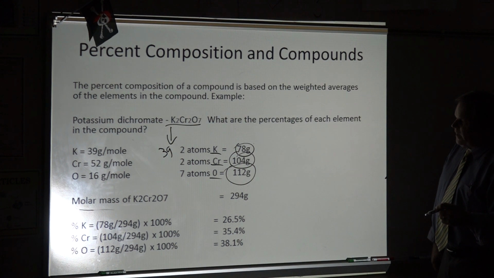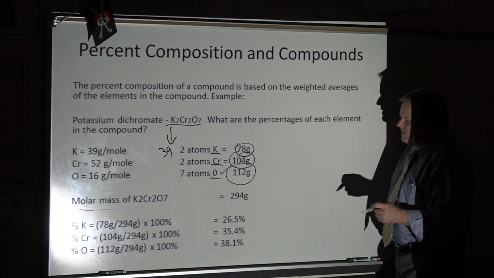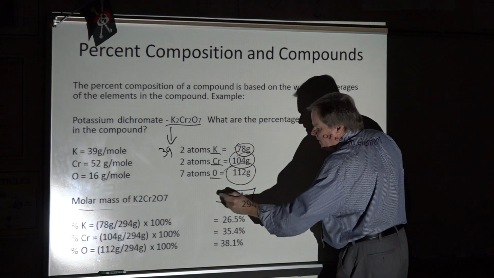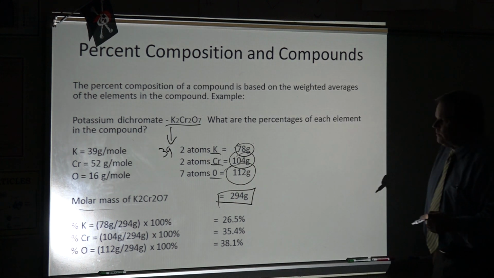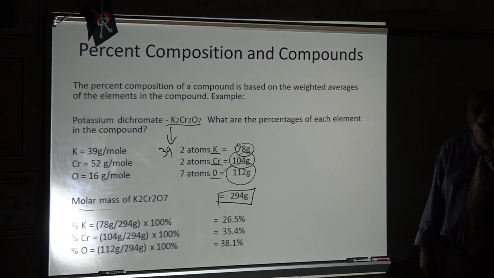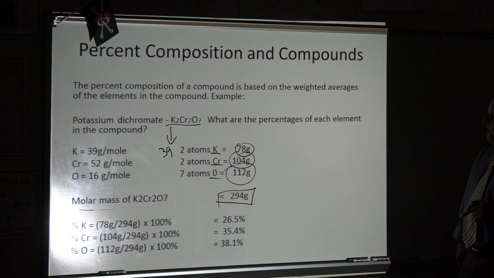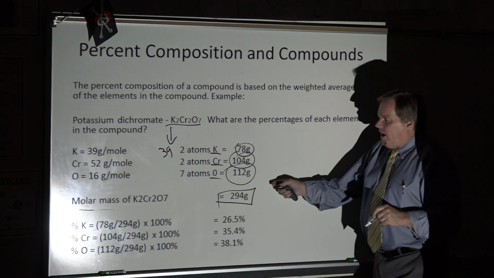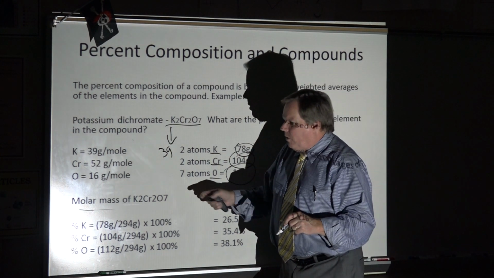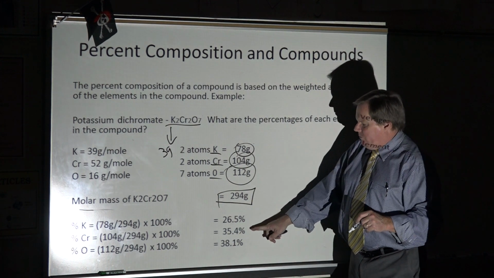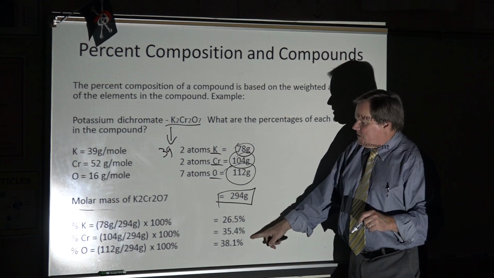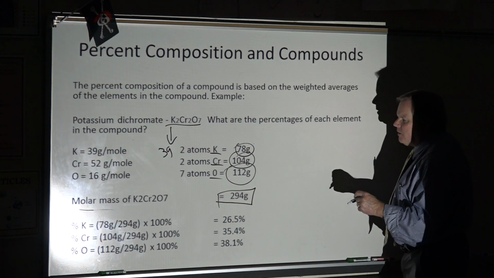Get our molar mass of K2Cr2O7. Total mass is 294 grams per mole. All right. Once we have our final mass for a mole, then we do ratios of each of the 3 elements.